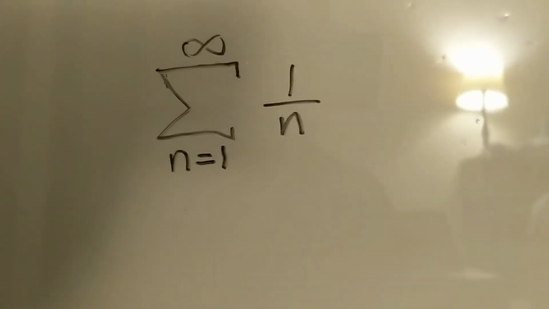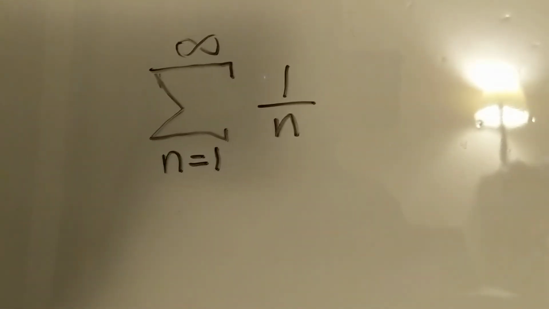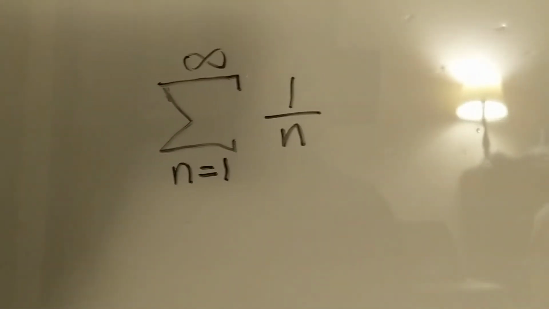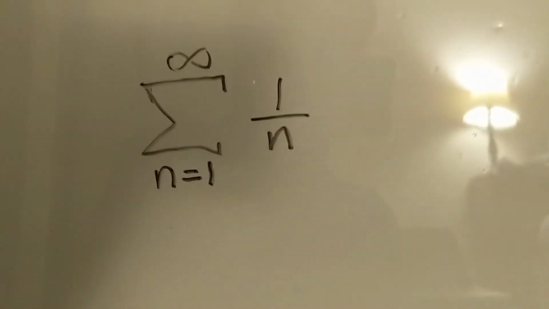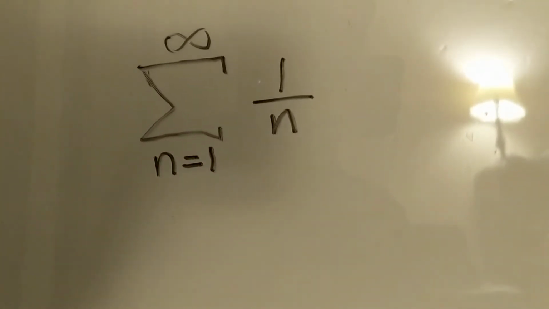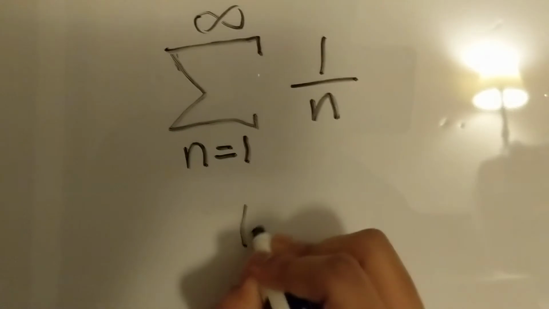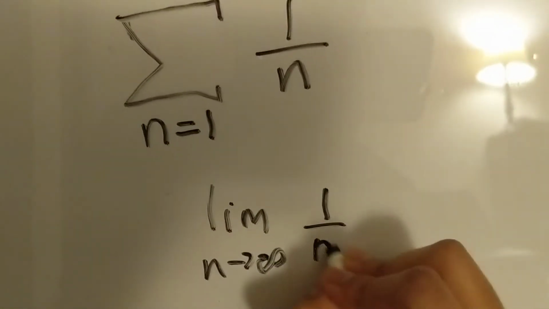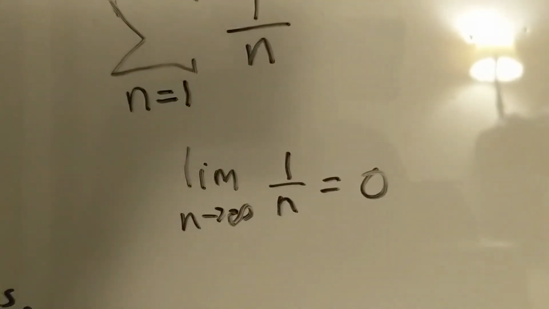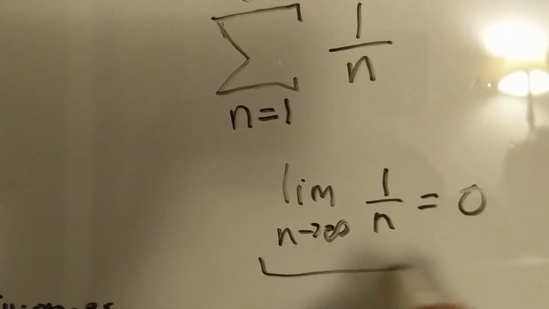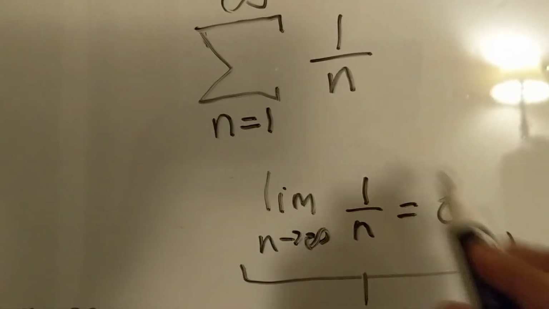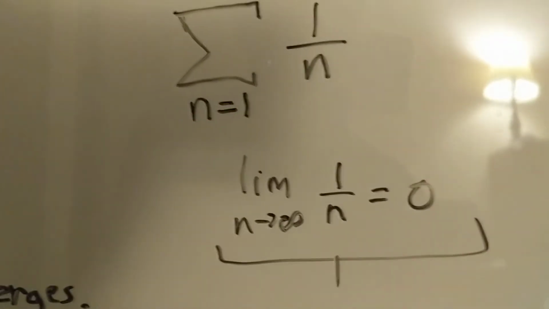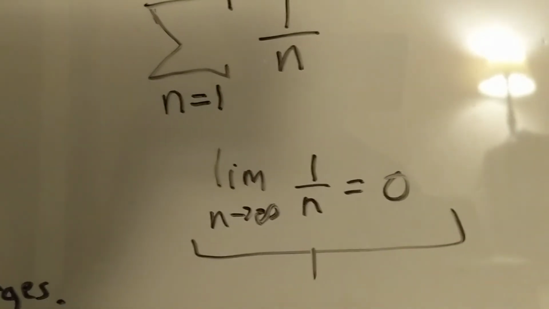Well, you may have heard of a term called the harmonic series, and the harmonic series is always divergent, and this is proven by the integral test. If you perform the integral test on it, you'll find out that it's divergent. But you'll notice that when we take the limit as n approaches infinity of 1 over n, we still get 0. This means the divergence test doesn't work on it, even though the harmonic series is always divergent.